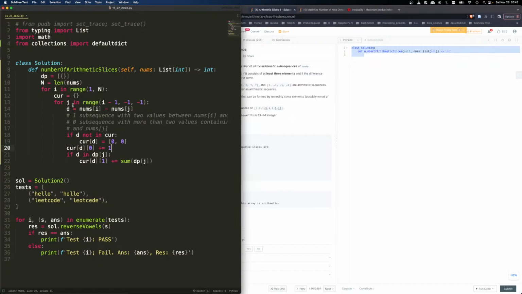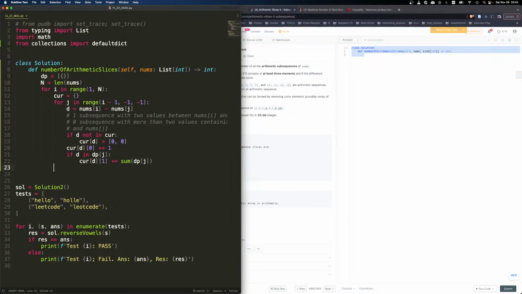So for each one, we can add if it's 2. And then we check the dpj to see what they have. And then current d1 plus equal to, that is right. So we basically go through everything. When we're done, we say dp.append current.